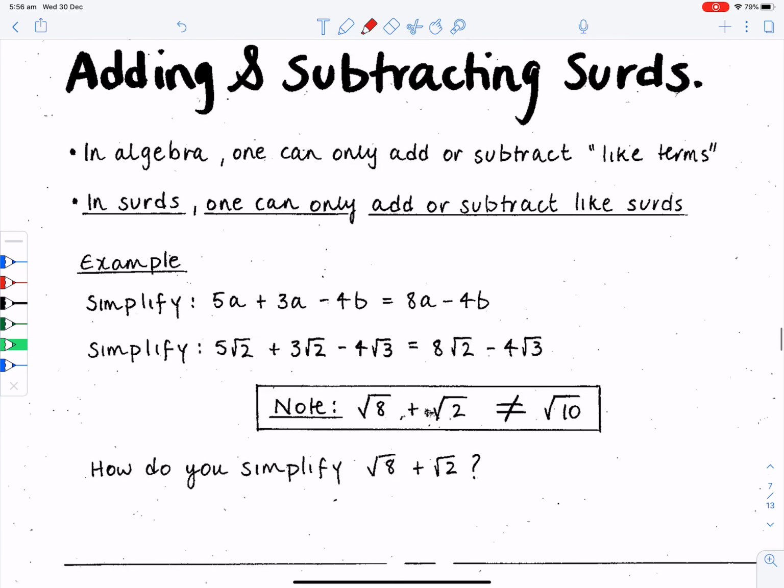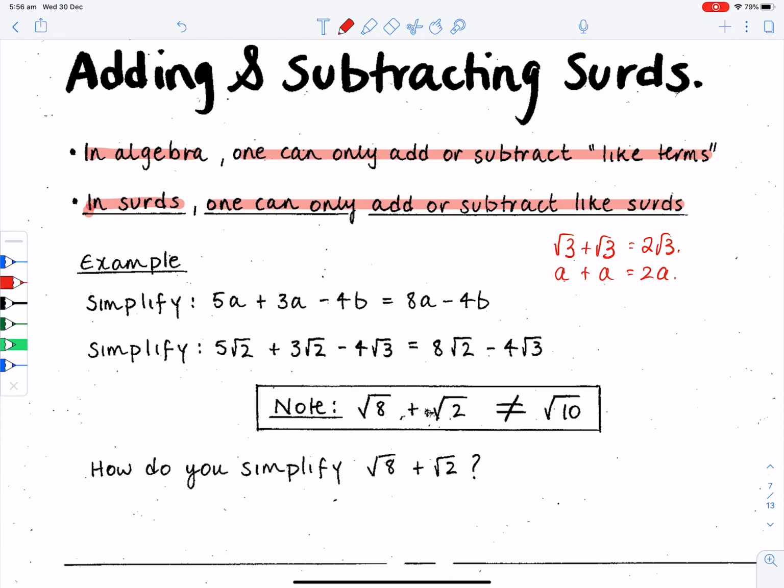So just like in algebra, one can only add or subtract like terms, in surds, one can only add or subtract like surds. So just to reinforce, if you have root 3 plus root 3, that's going to be 2 root 3, because in algebra, if you had a plus a, that would be 2a.